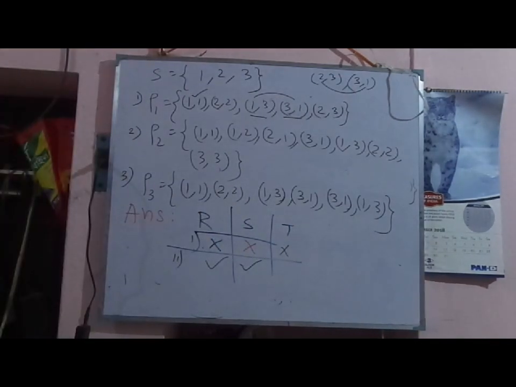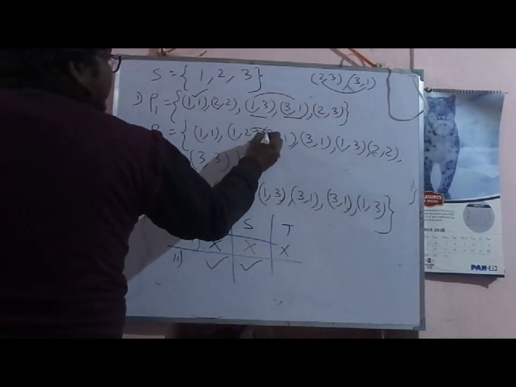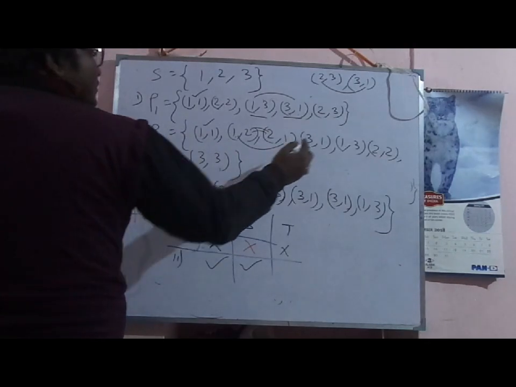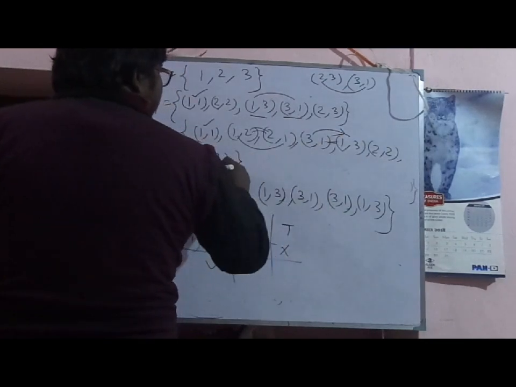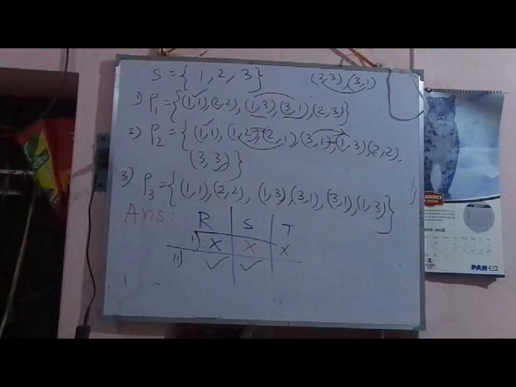Is this transitive? Here (1,2), (2,1), this is cancelled, therefore (1,1) belongs to rho 2. (3,1), (1,3), this is cancelled, (3,3) belongs to rho 2.